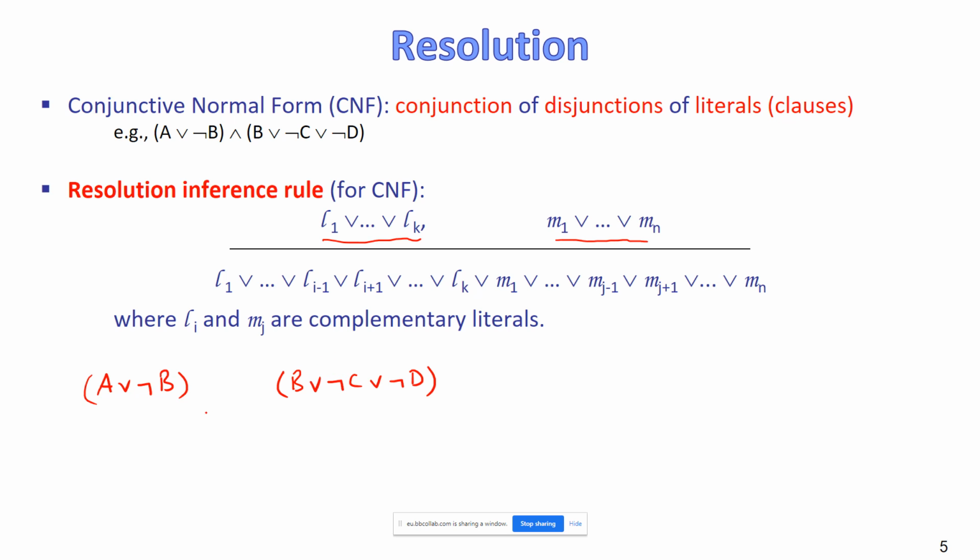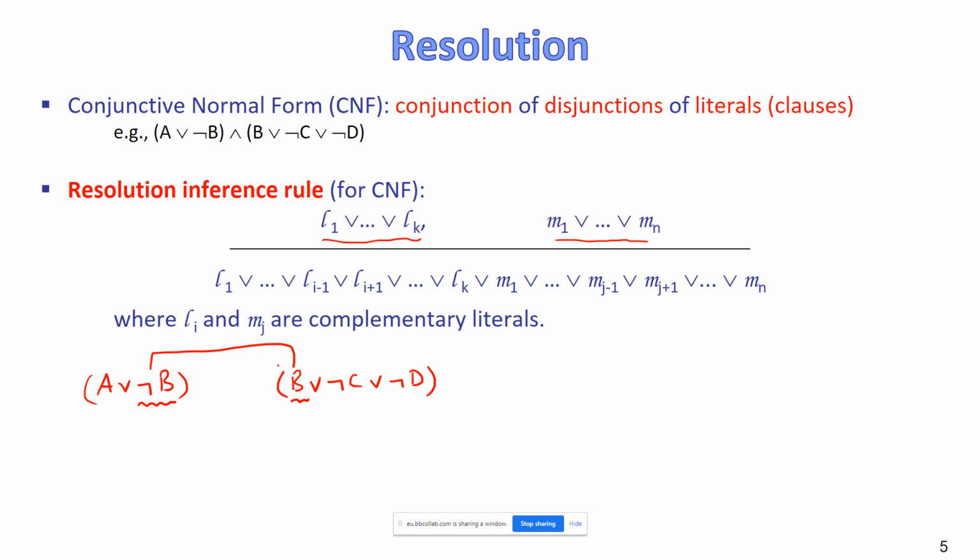What does that mean? We have in one of the clauses the literal and the negation of it in the other clause. Do we have something like that here? Yes, of course, we have not B here, and we have B here.